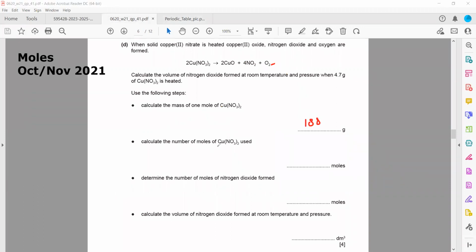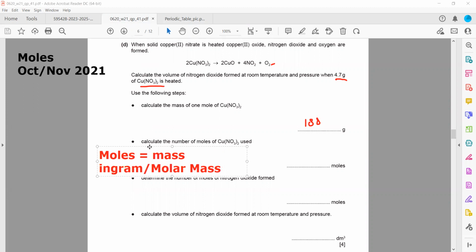Then calculate the number of moles of copper nitrate used. So we have the mass of copper nitrate, which is 4.7. If I have the mass and I need the moles, which formula will I use? The first formula: moles equal mass in gram divided by molar mass.